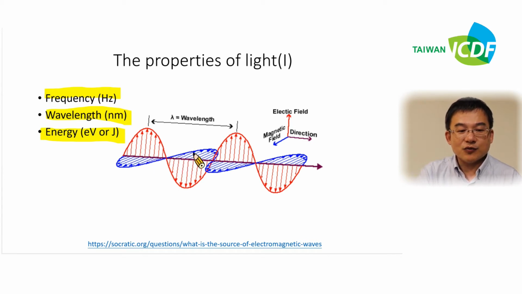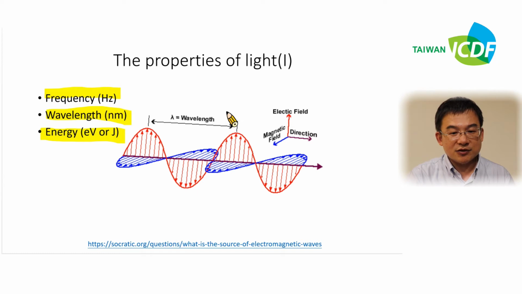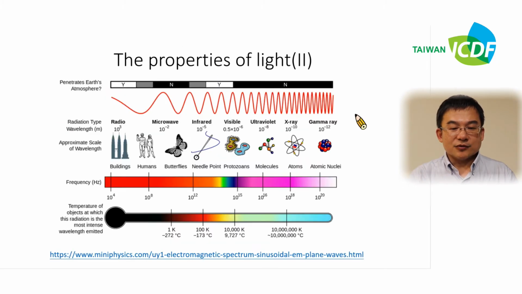For example, the energy of the visible wavelengths is between 1.5 to 3 electron volts, and the wavelength is from 400 nanometers to 700 nanometers. So this transparency talks about the sun.